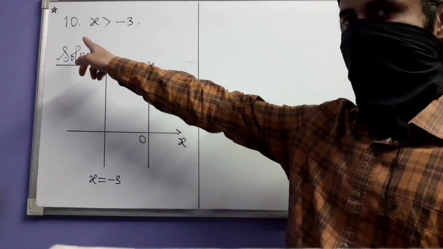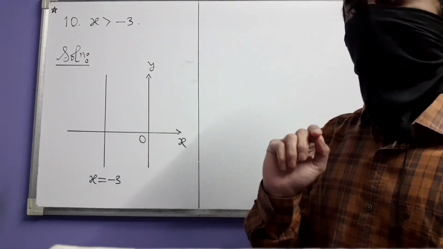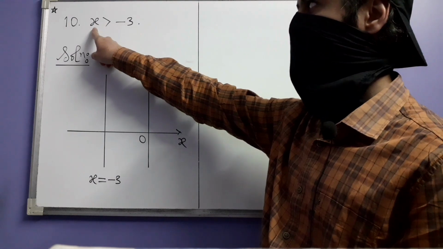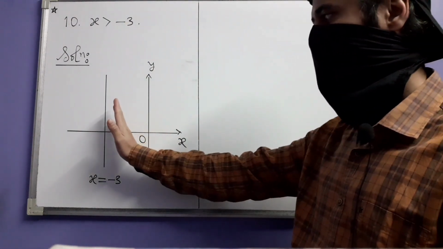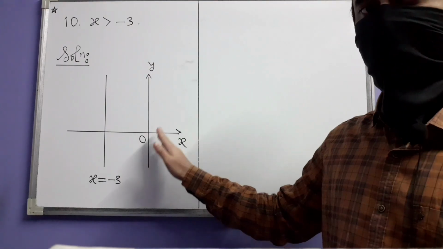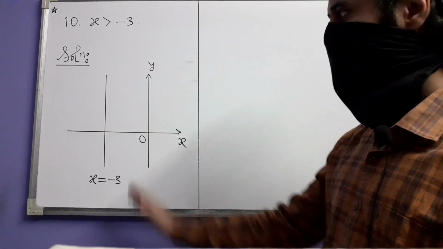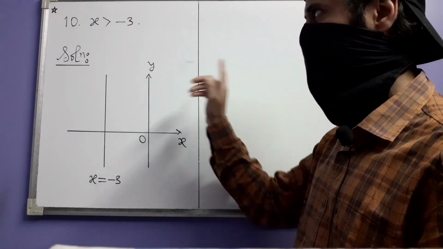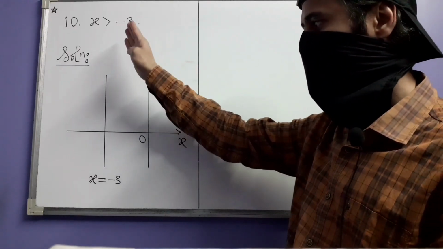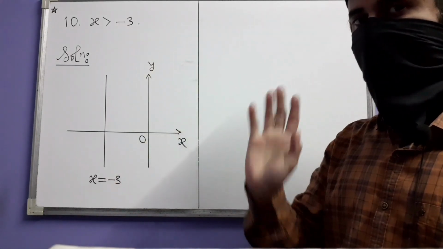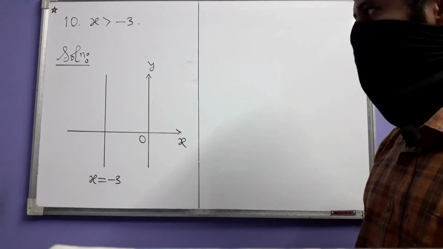Because there is only x available, you can put x equal to 0. 0 is really greater than minus 3, which means that the half plane containing the origin should be the solution set. So that means the right half plane. Also, since the inequality is strict, the points on the line are not included in the solution set.